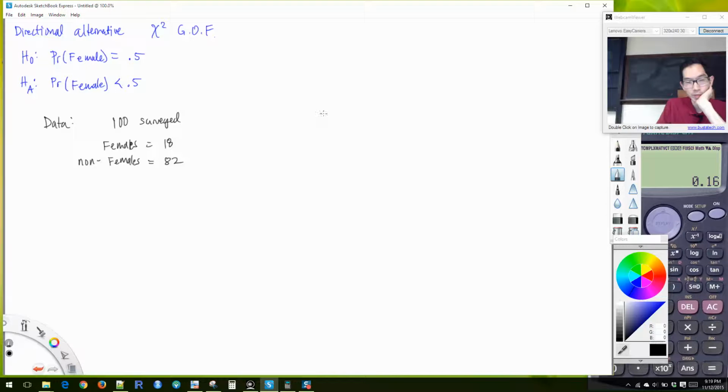If the null hypothesis were true, our expected values would be females 50 and non-females 50. Well, I guess because we haven't heard anything in the news about the military and transgender, I'm going to assume that they are not accommodated for.